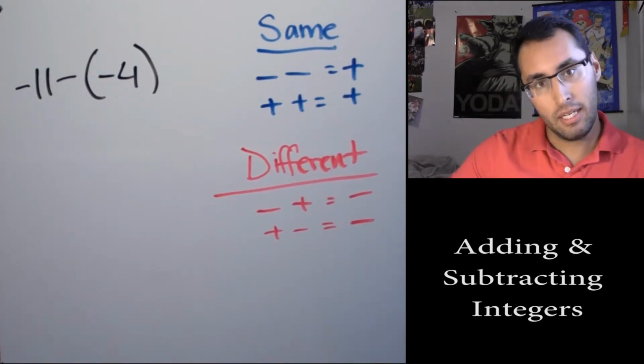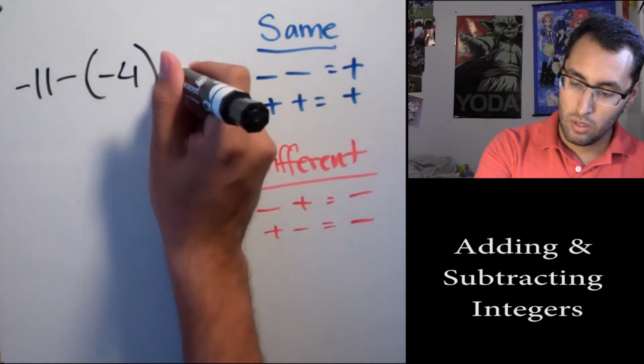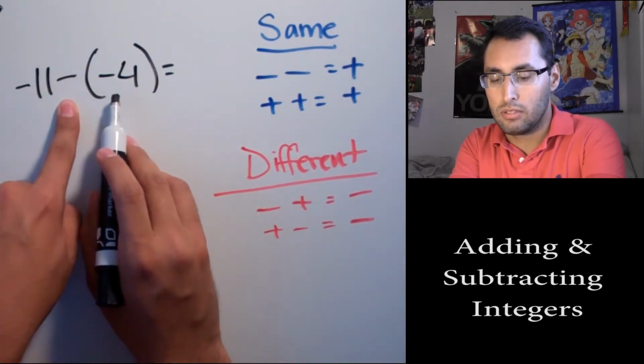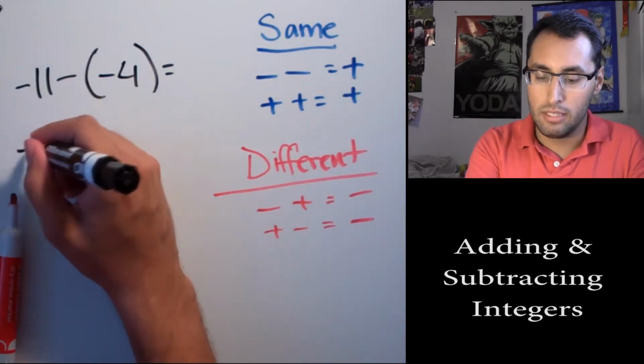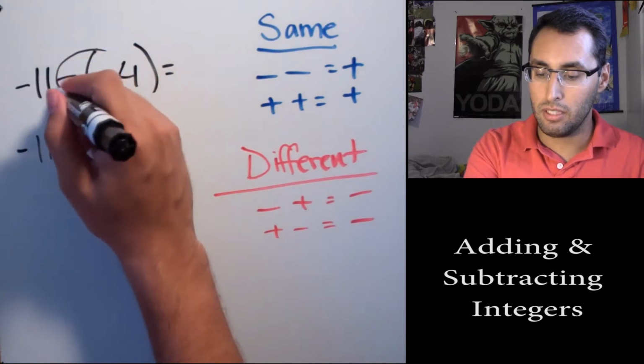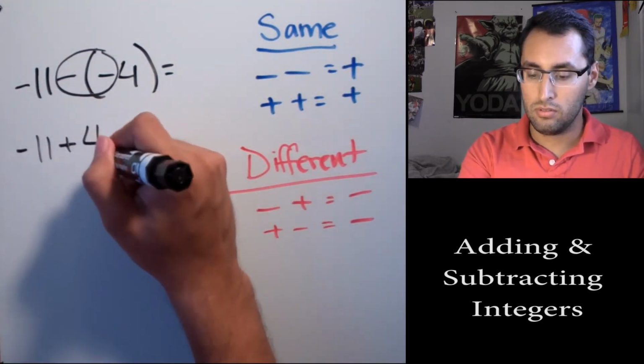So let's keep that there so we can figure out what this is. Well, before I can figure this out, minus minus, let's just put plus. So this translates to minus 11, nothing happens with that, and then this becomes plus 4.